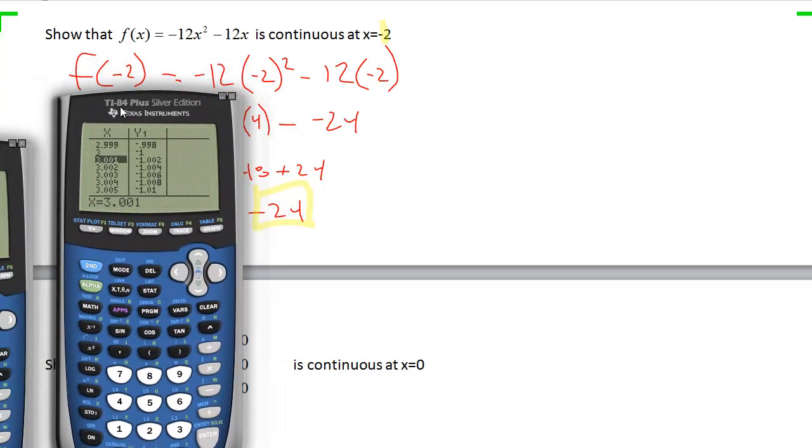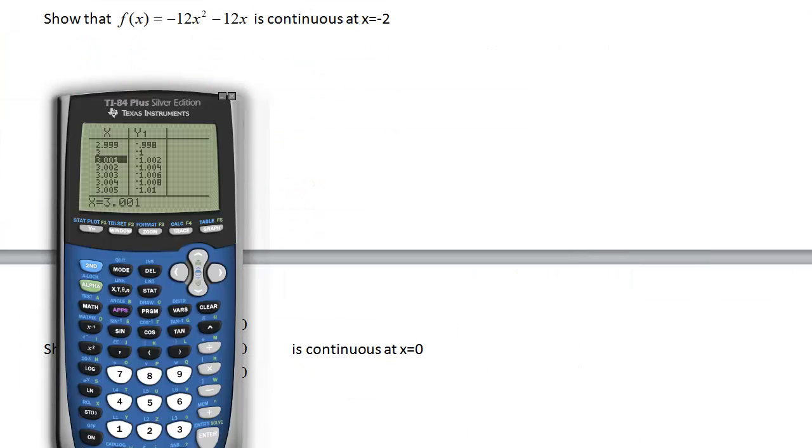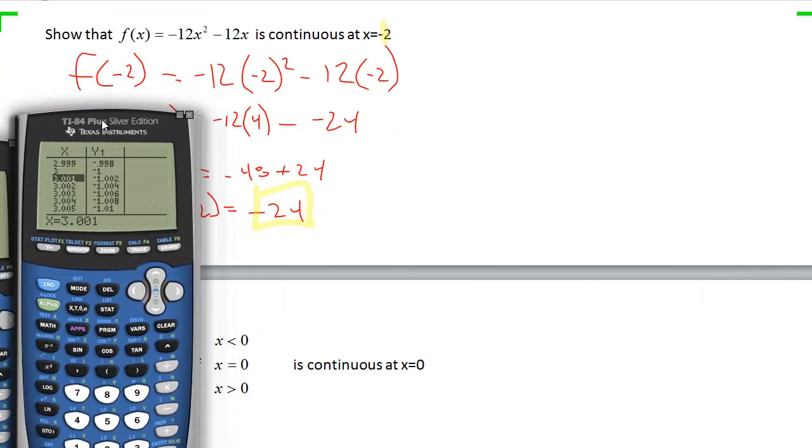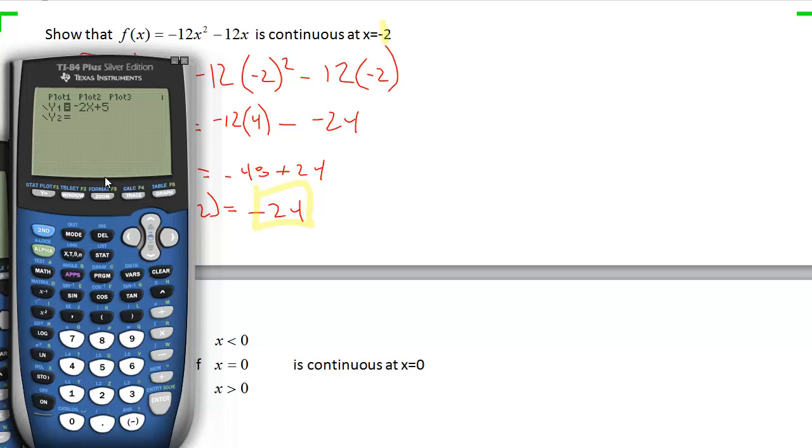Now what we're going to do with our calculator is pull that back up and plug this in. So negative 12x squared minus 12x. We'll take a quick look at it. We know it's going to be a quadratic, and it certainly appears to be continuous. We know that's just going to extend towards negative infinity.